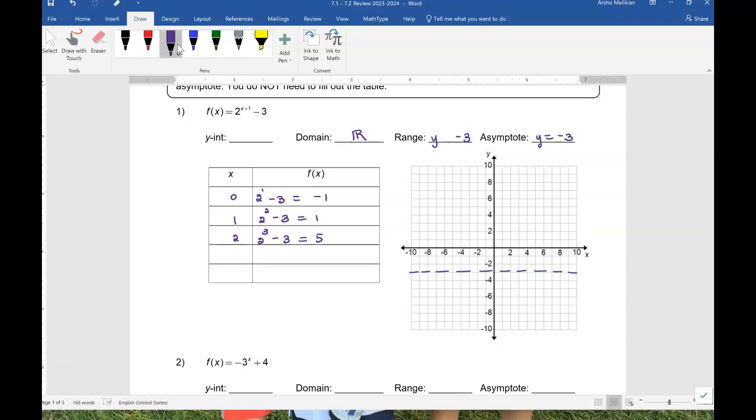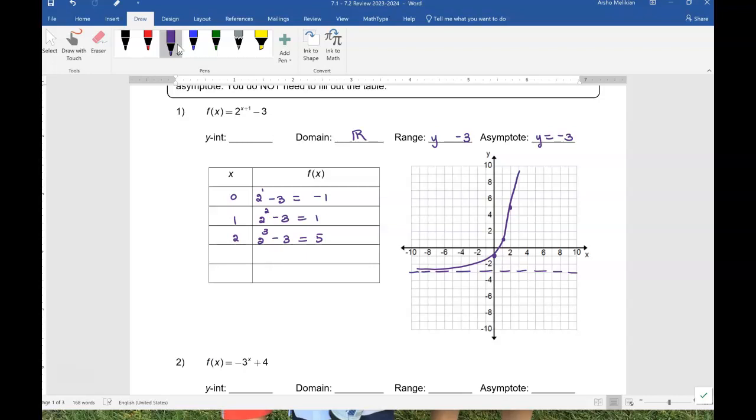So at 0, this is -1. At 1, this is 1. And at 2, this is 5. And when I graph, that's what it looks like.